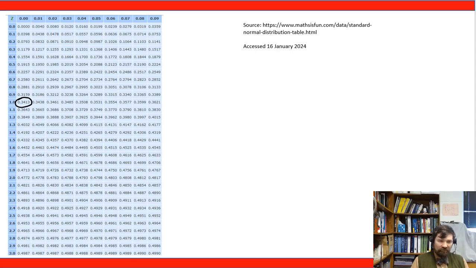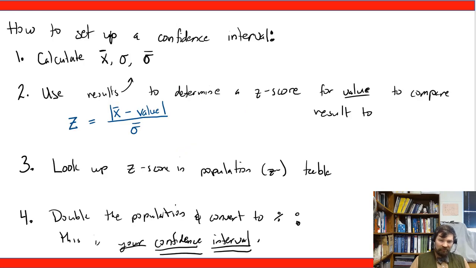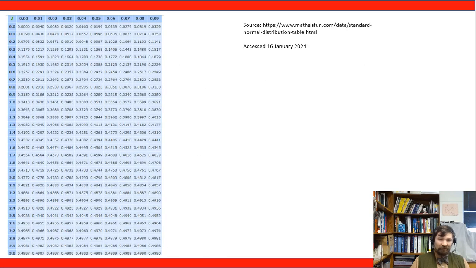And this is 0.3413. Okay, and so if you double that, you get 0.6826, and if you convert it to a percentage, 34.13% times 2, which is your 68.26% that we talked about over here.